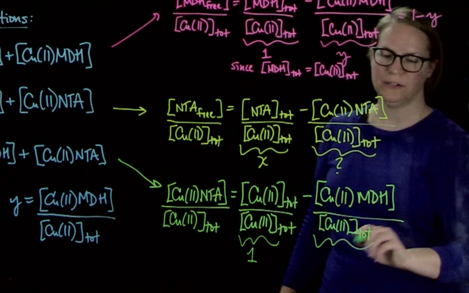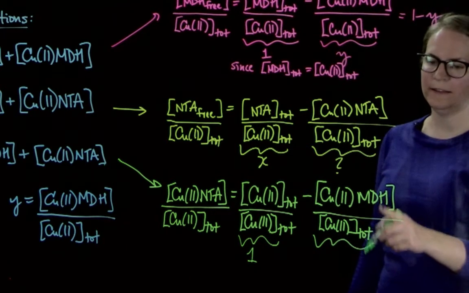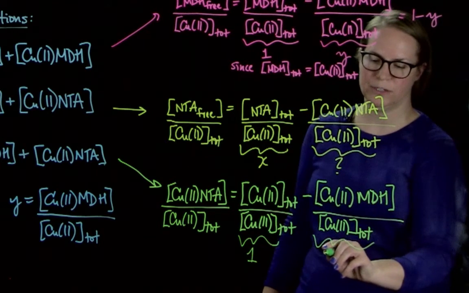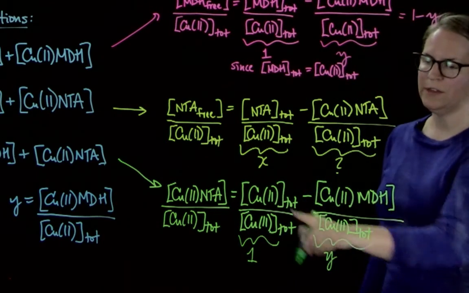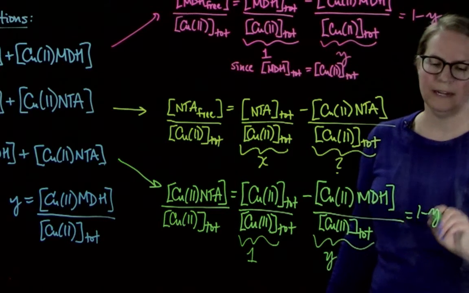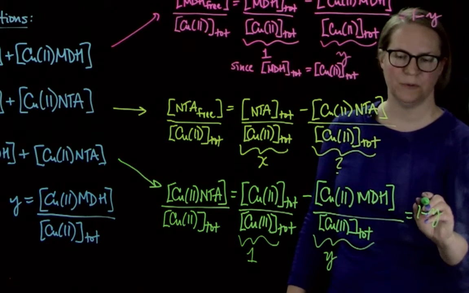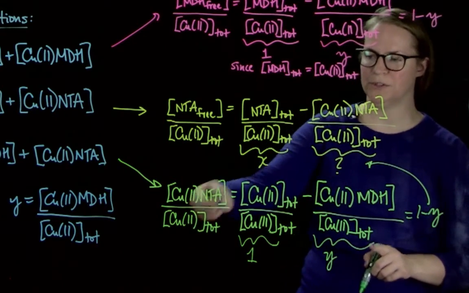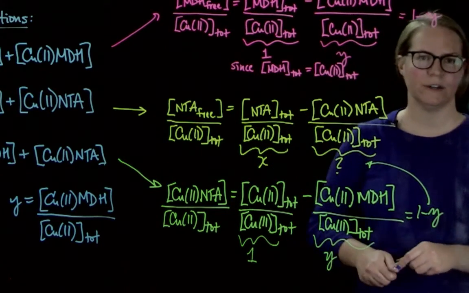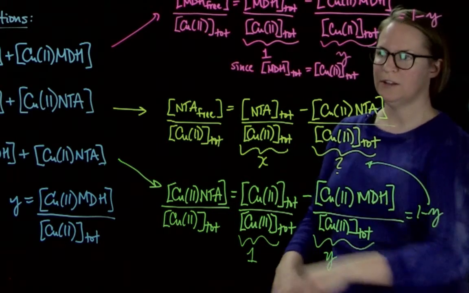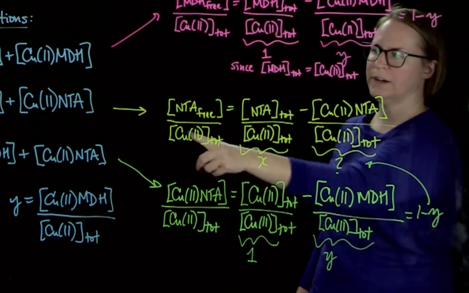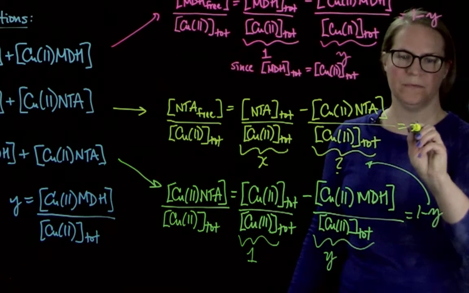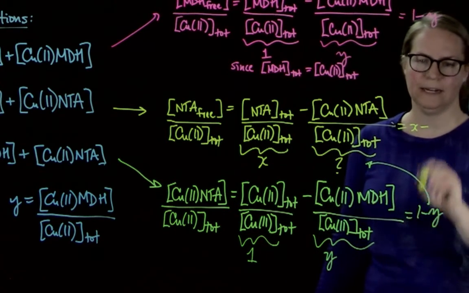And this expression is what we defined as y, the concentration of copper 2 bound to MDH over the total copper 2 concentration. So this is 1 minus y. And therefore, we can sub that in for our question mark, because that was our copper 2 NTA concentration over copper 2 total. And so NTA free's concentration over copper 2 will be x minus 1 minus y.